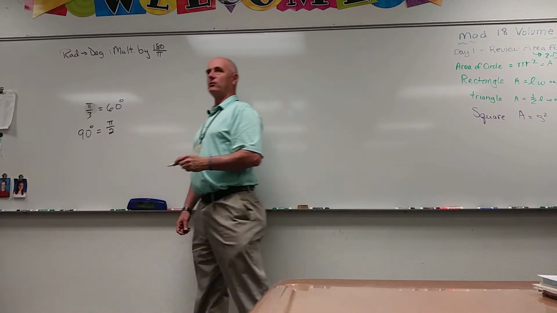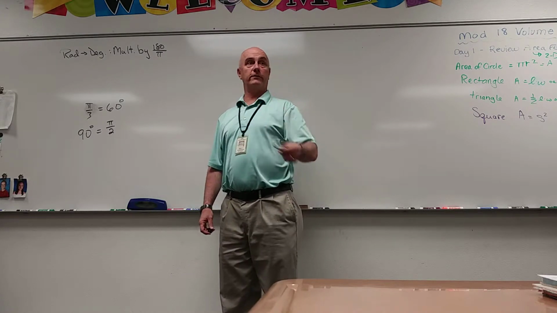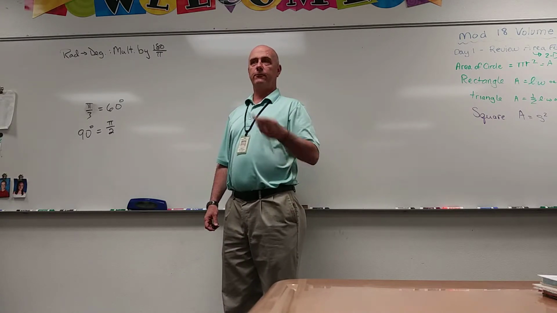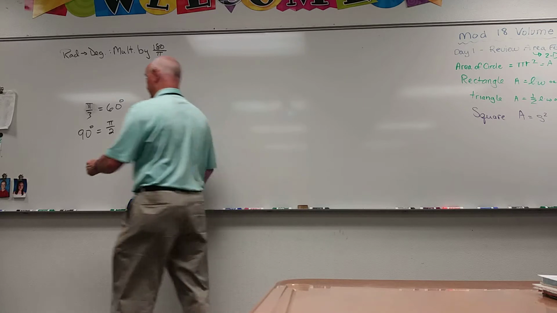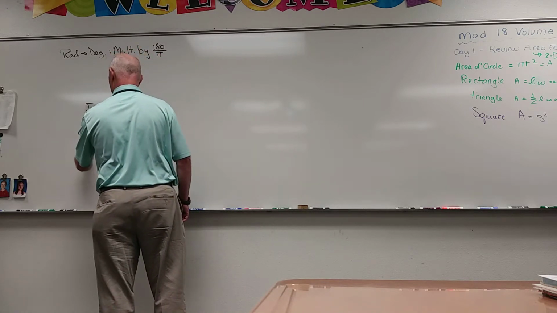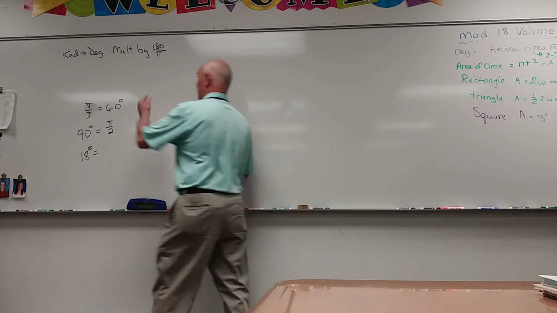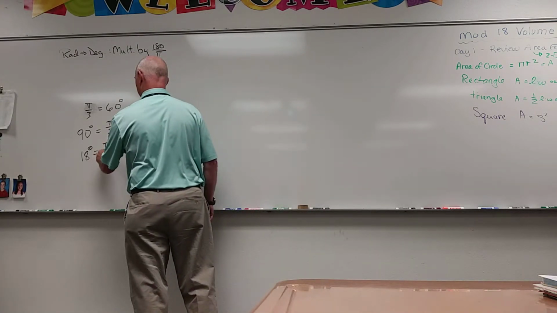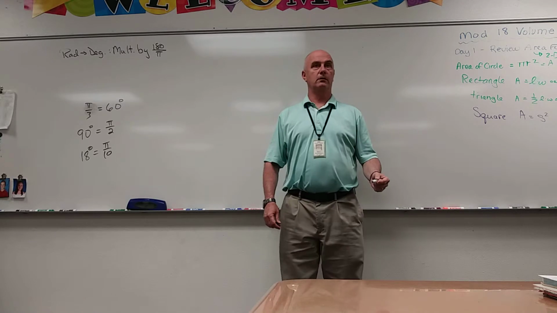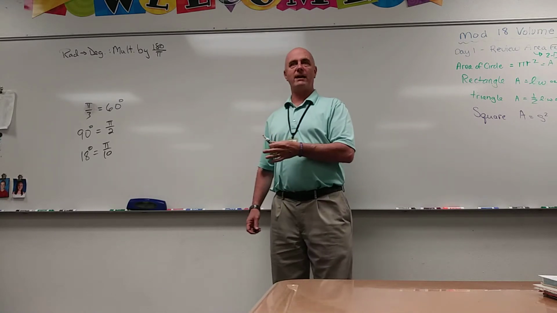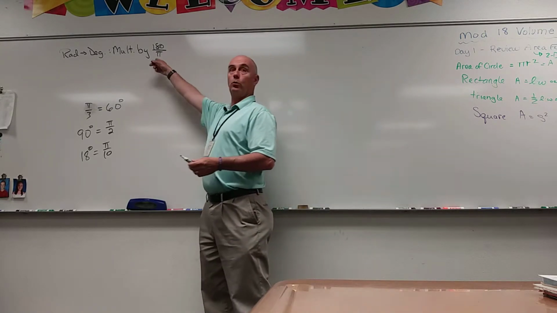And even if it's angles that we aren't really familiar with, if we think of it that way, it might help. Like for instance, what's 18 degrees? Because it's 180, it becomes a pretty simple answer.